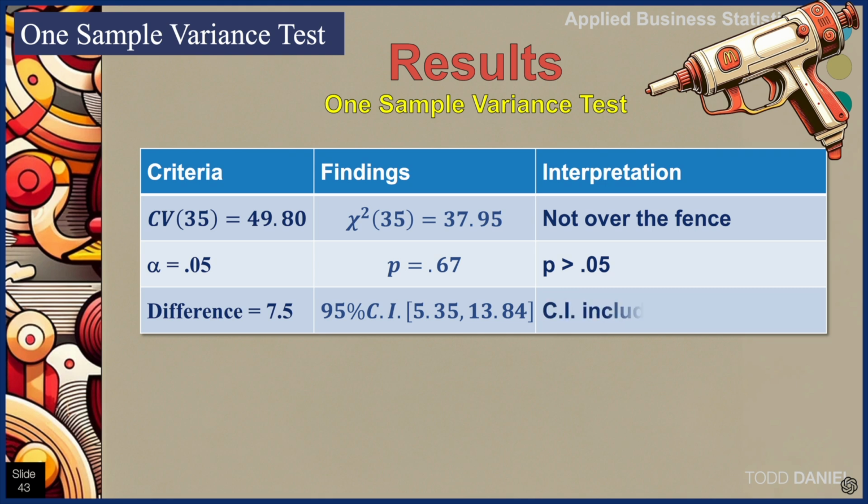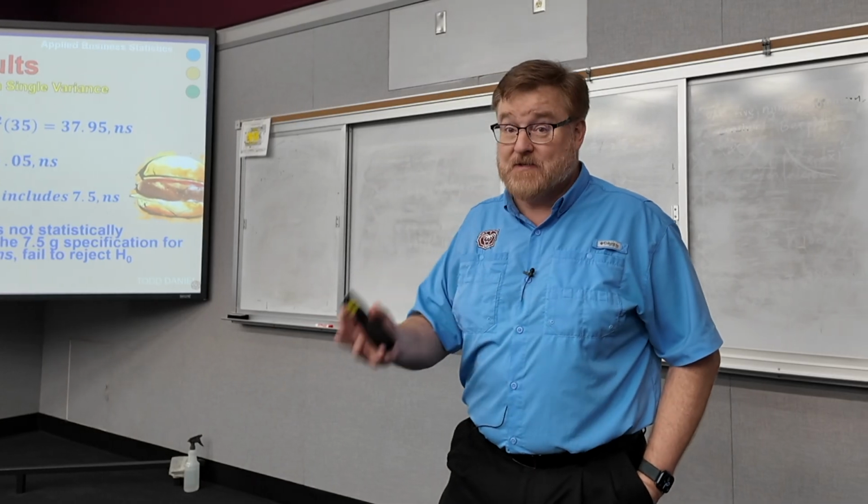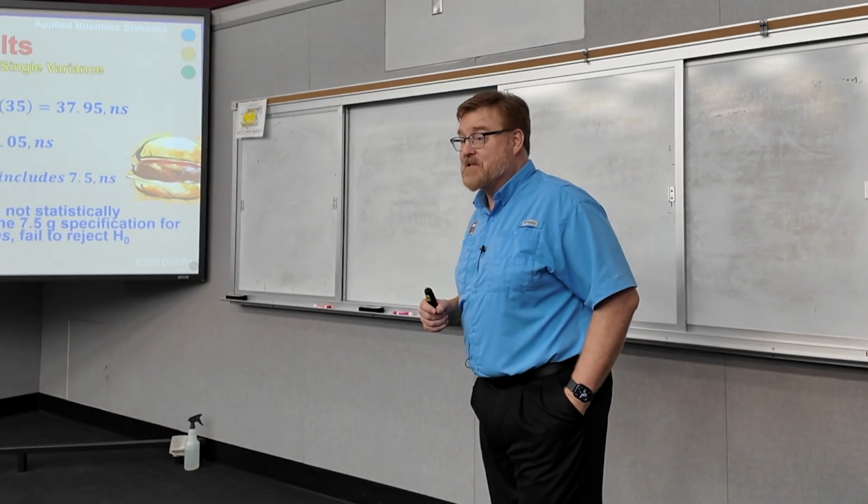The confidence interval of 5.35 to 13.84 includes 7.5. So all three of these things are telling us exactly the same information, and that is that this is a non-significant difference. That's what we want to see. This sauce gun doesn't deviate from the population value.